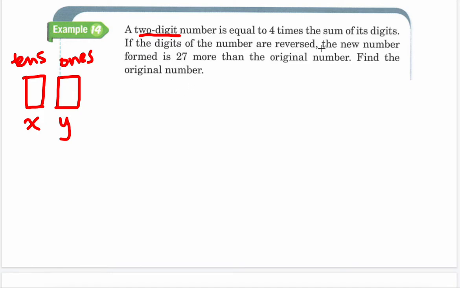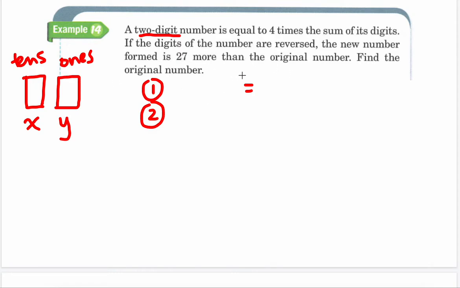Now let's read the problem. We have to come up with two different equations to represent each situation that's being presented to us. So this two-digit number is equal to 4 times the sum of its digits. I'm going to not mess with the two-digit number yet because it's two digits. One's in the tens place, one's in the ones place. Let me deal with that later.